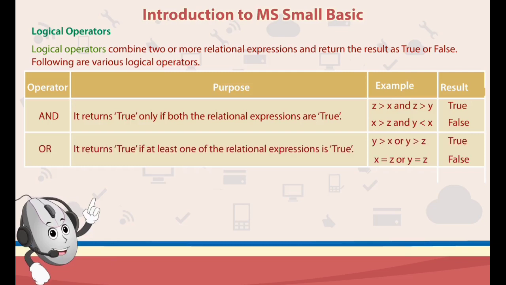Or. It returns true if at least one of the relational expressions is true. Y is greater than X or Y is greater than Z. True. X is equal to Z or Y is equal to Z.